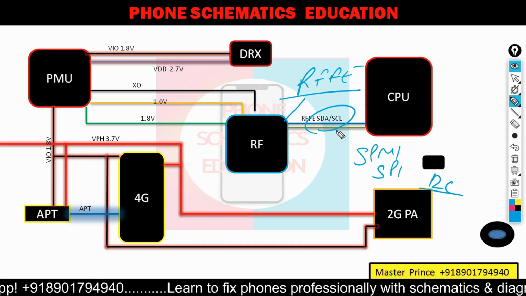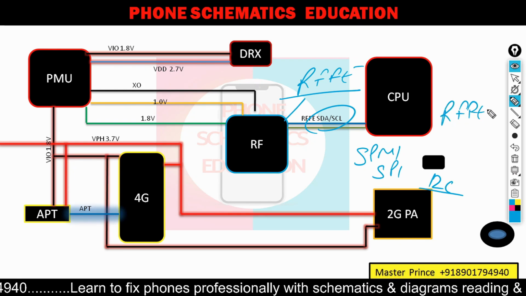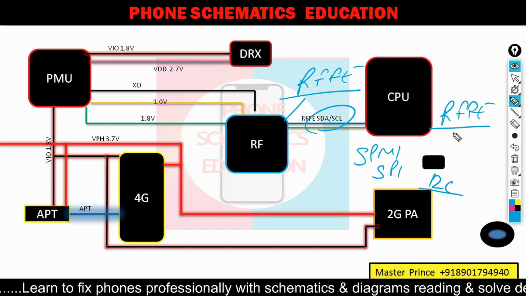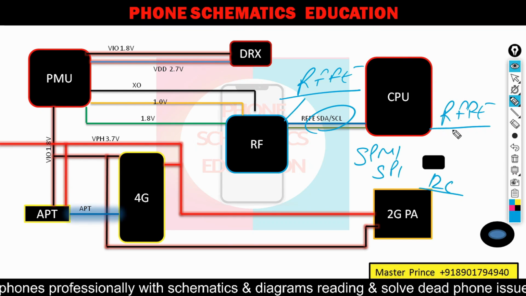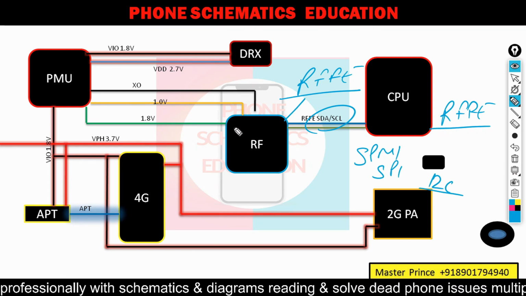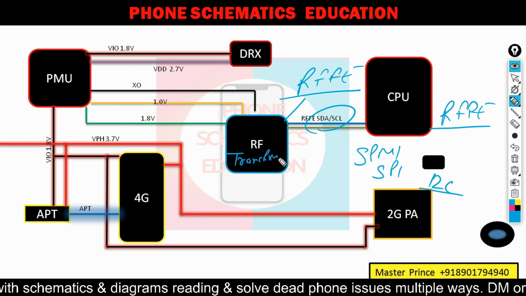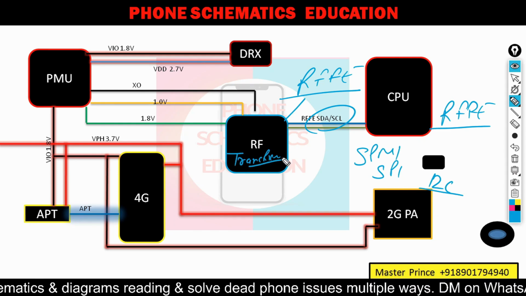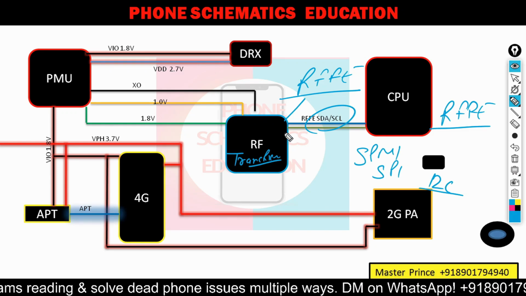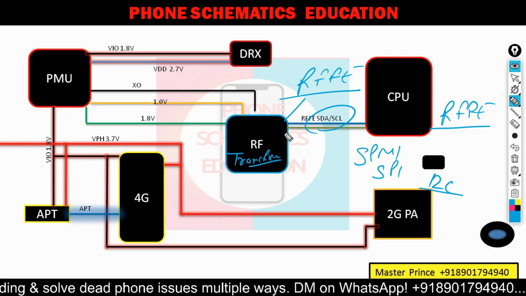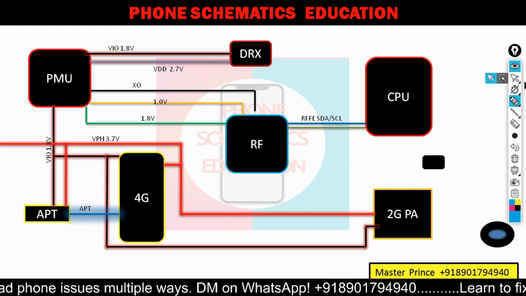In the network section, whatever the phone, you will see the RFFE, radio frequency front end. So these are communications. The CPU communicates with this IC called the transceiver IC, your main IC. Now we see all the RFFE lines. Let's say first the WTR or your transceiver IC in the schematics. After that we go to the other one.